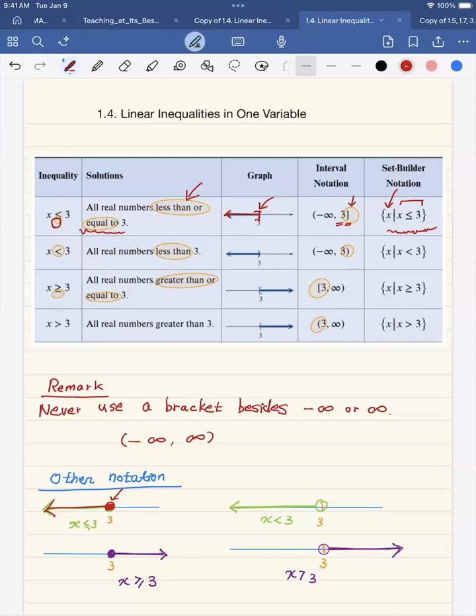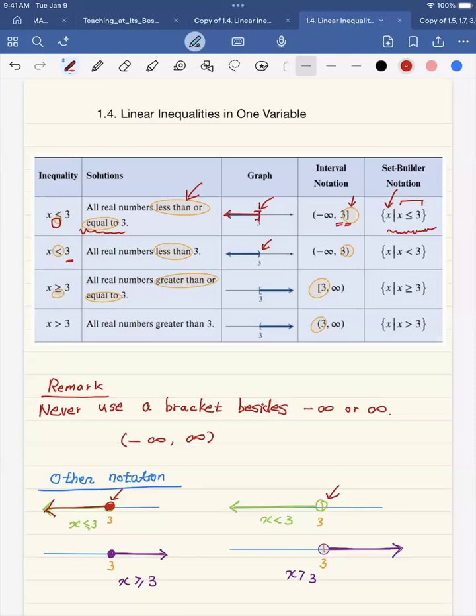In the second example, there is no small horizontal line. That means the boundary 3 is not included in the interval. In that case, we use either parenthesis or circle notation, not disk notation.